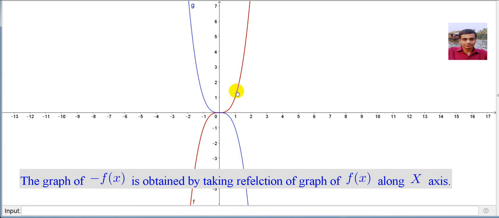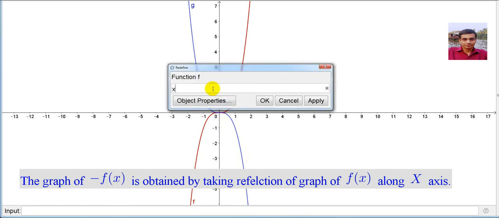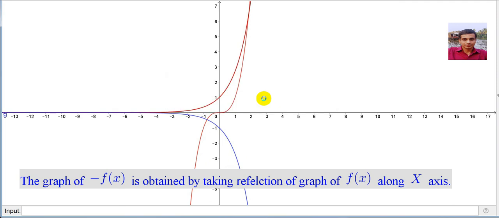Let us try this relation for another function, the exponential function. Here the graph in red color is the graph of e raised to x, and the graph in blue color is that of minus e raised to x.